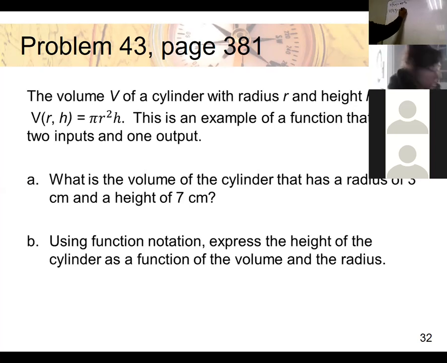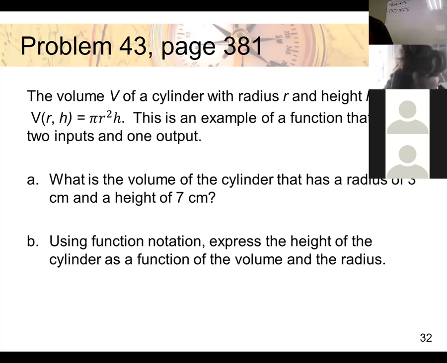R is 3, so this will be pi times 3 squared times the height, which is 7. And you're going to have to excuse me because I need to see how they want this answer.